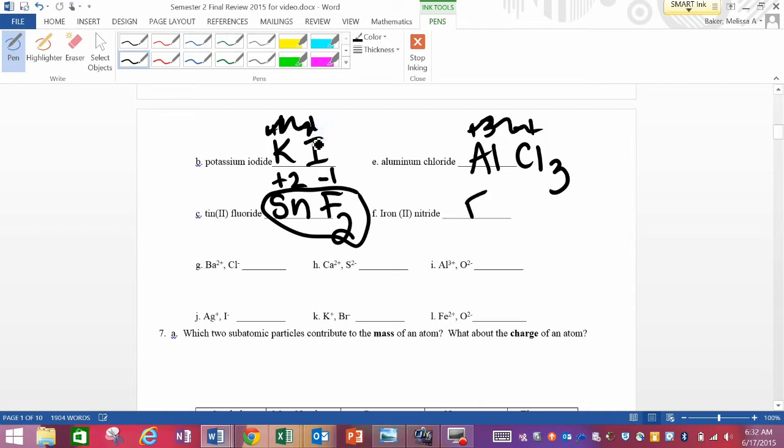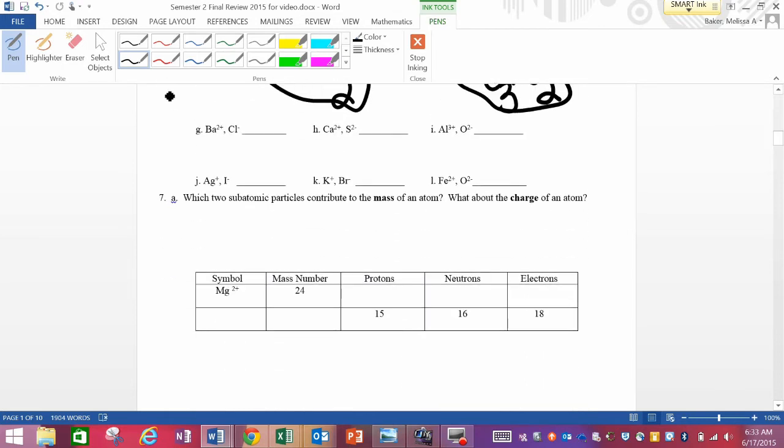Iron 2 nitride. Iron is Fe with a +2 charge since it's Roman numeral 2. Nitride is a -3 charge always. So this becomes Fe3N2 for a final answer. Then the last part here makes it even easier. It shows you what the charges are, so you just need to crisscross.